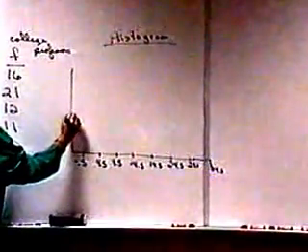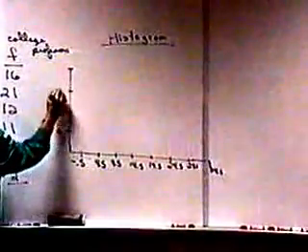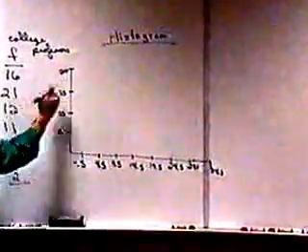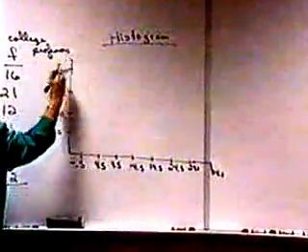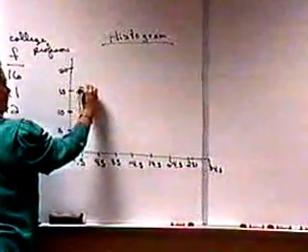Each line is 5, 10, 15, 20. 3.5 and 4.5. This is the bar labeled on the bottom. The frequency is 16. So this bar has to go up to 16.